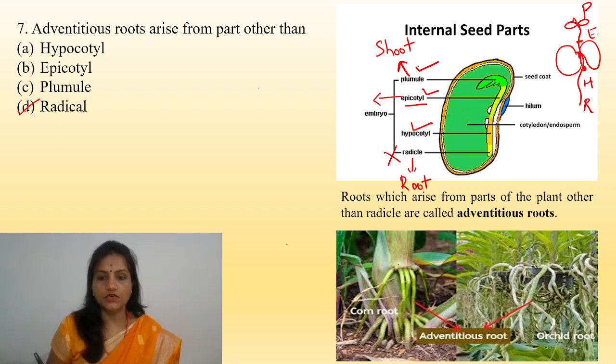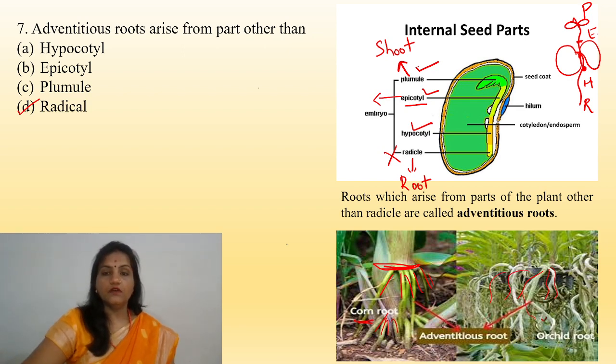Here you are seeing the stilt roots. This is the lowermost nodal region of a stem which has given rise to the stilt roots. This is for the purpose of support. Here it is corn, maize. These are adventitious roots, and this is an orchid plant. You can see the hanging roots of the orchid plant, which are adventitious roots. So option D.